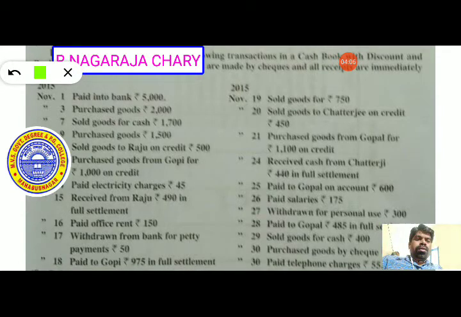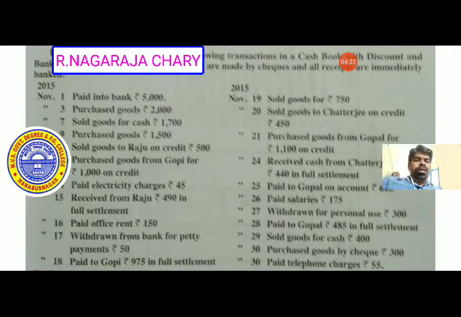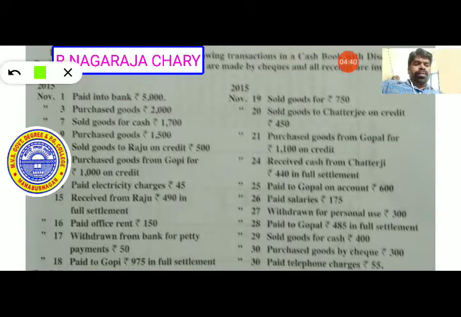Next on the 19th, sold goods for 750, sold goods to Chatterjee on credit basis 450, purchased goods from Gopal for 1,100 rupees on credit basis, received cash from Chatterjee 40 in full settlement, paid to Gopal on account 600 rupees, paid salaries 175, withdrawn for personal use 300, paid Gopal 485 in full settlement, sold goods for cash 400 rupees, purchased goods by cheque 300 rupees, paid telephone charges 55 rupees.